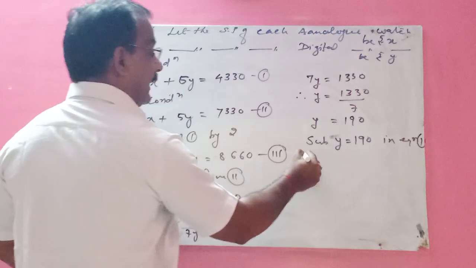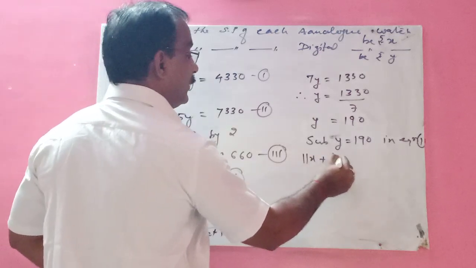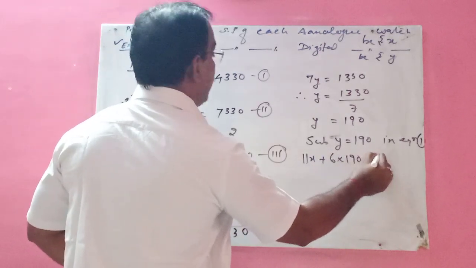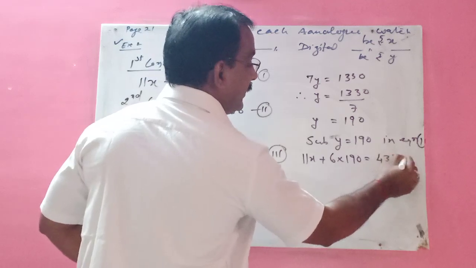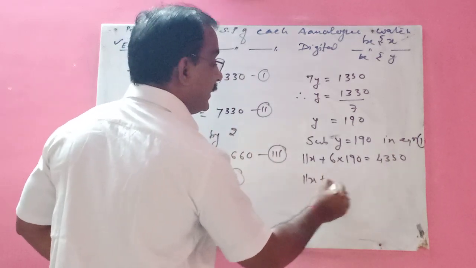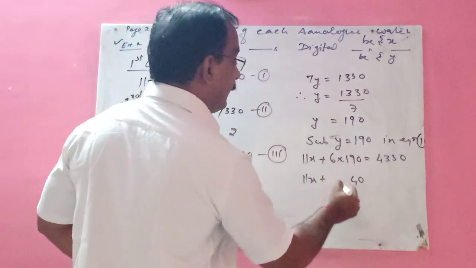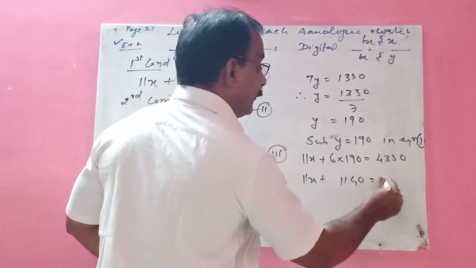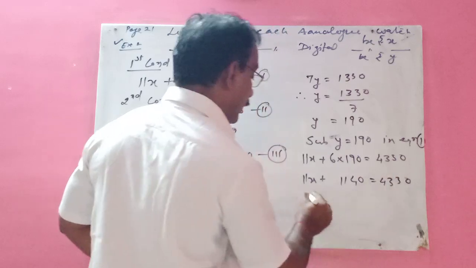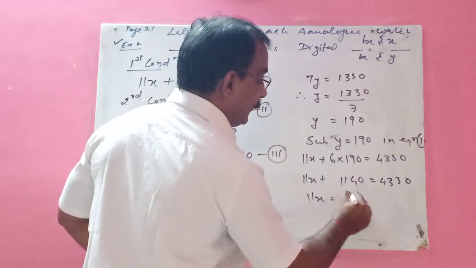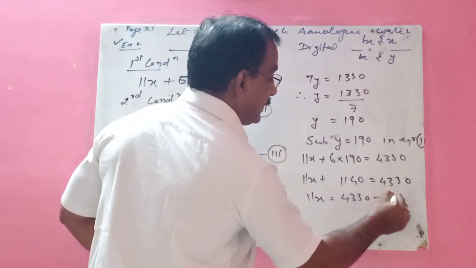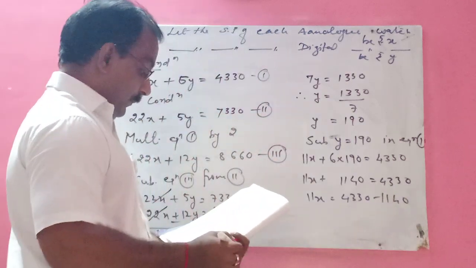So this is 11X plus 6 into 190 is equal to 4,330. 6 nines are 54, 6 ones are 6 and 5, so 1,140. 11X is equal to 4,330 minus 1,140.